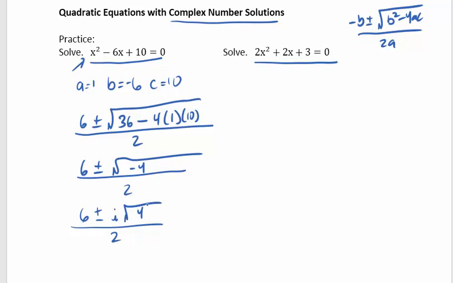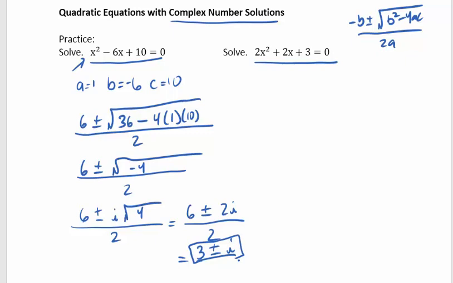Alright, well, we can take the square root of 4, that's going to be 2. So we're going to get 6 plus or minus 2i all over 2. And notice we can go one more step here. Since 2 is a factor in all of those cases, we can write this as 3 plus or minus i all over 1. So 3 plus or minus i is going to be our answer there.